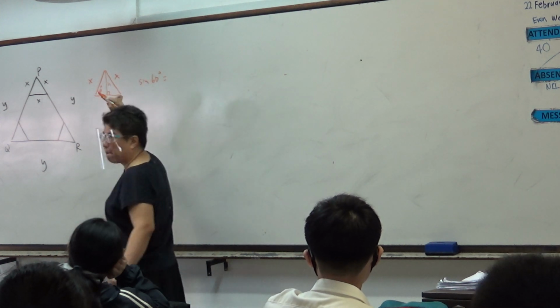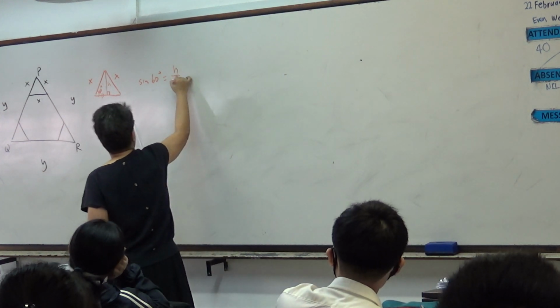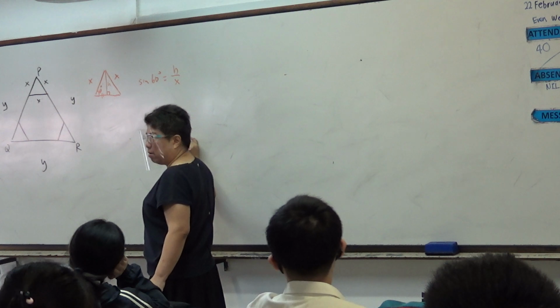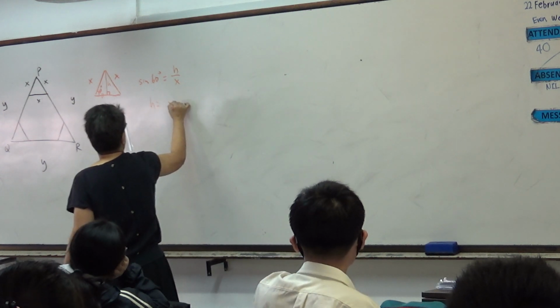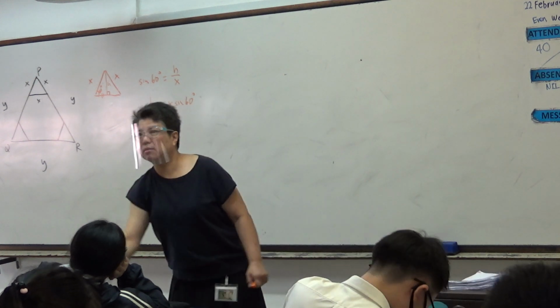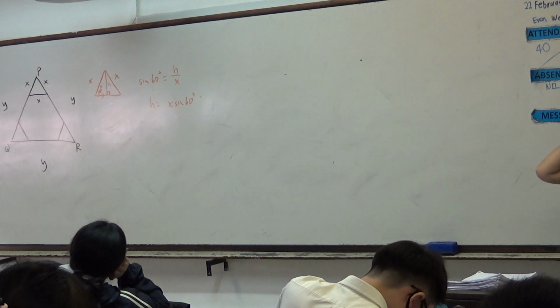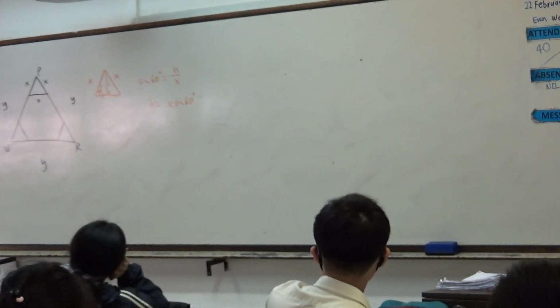The height, opposite over hypotenuse, am I right? H over what? X, correct. So what is H? X sine 60, right? 60 is a special angle. What is sine 60? Root 3 over 2?